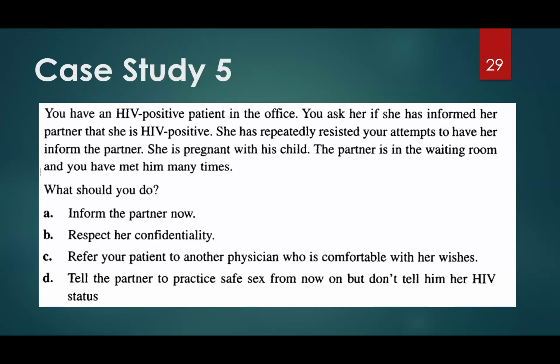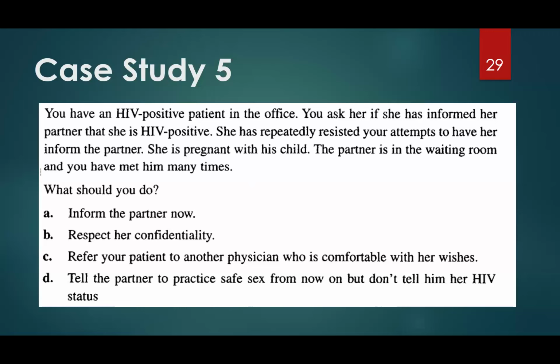Yes, it's A. It is to inform the partner now. You have legal immunity to inform the partner, and I will repeat and repeat, according to the USA medical practice rules and procedures.